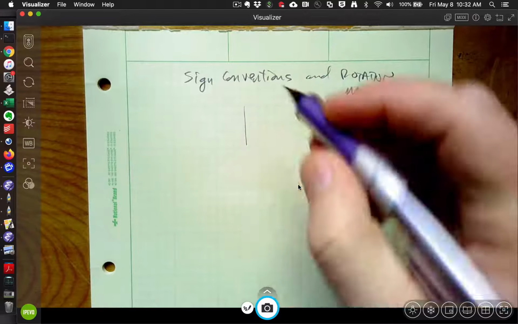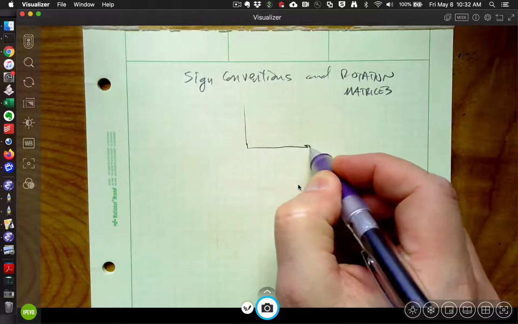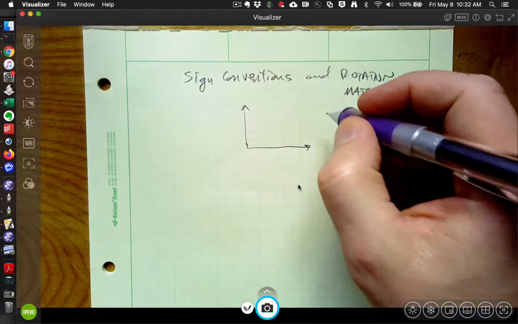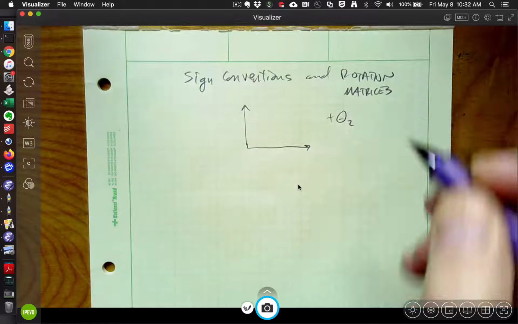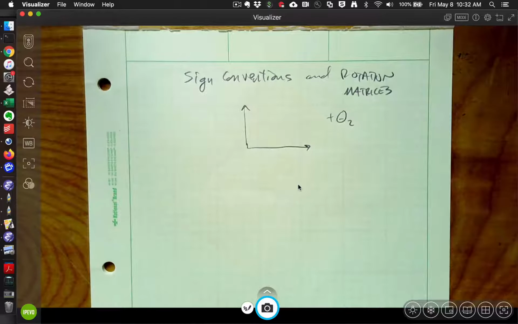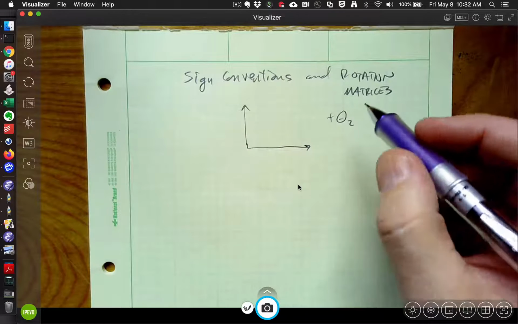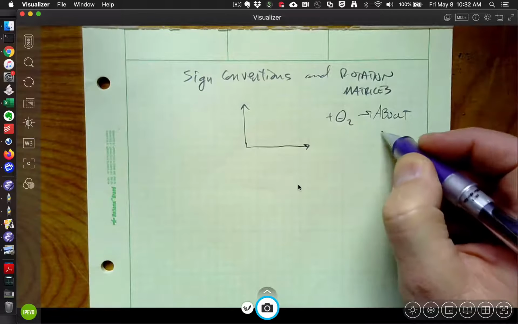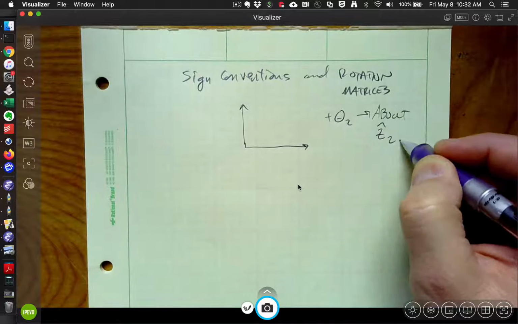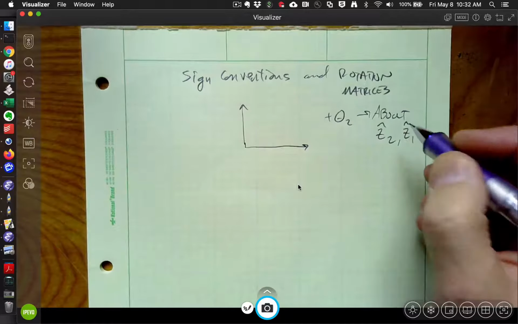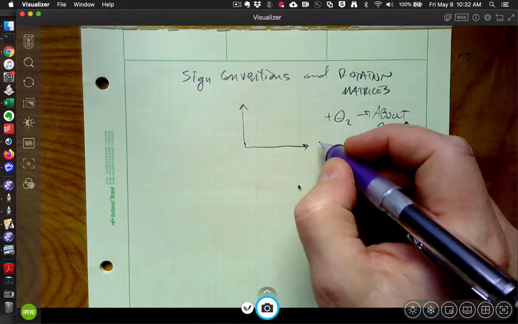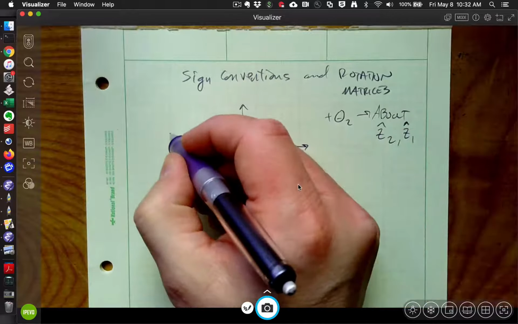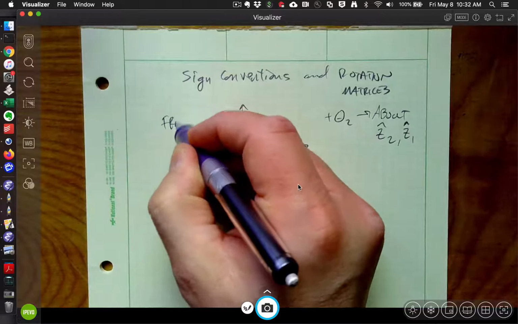So when we talk about a positive rotation, for example, a positive theta 2, that means a rotation about Z2, which would be the same as Z1. Since we're rotating about them, they'd be the same. But initially the frames are aligned.